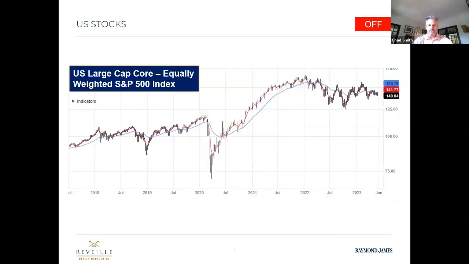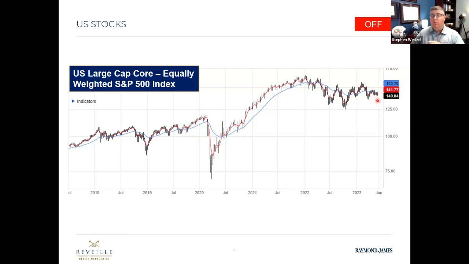So if you look now at the equal weighted S&P 500, which is constructed differently, it's actually assigning an equal weight to every one of the 500 constituents. It's showing a different picture as of right now, isn't it? I mean, definitely. I mean, this certainly is not an uptrend. This is turned off per our rules-based investment discipline, rolled over, where we saw earlier the cap-weighted S&P is still in an uptrend.